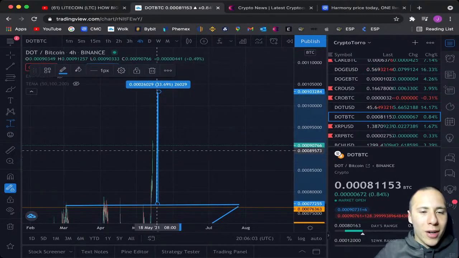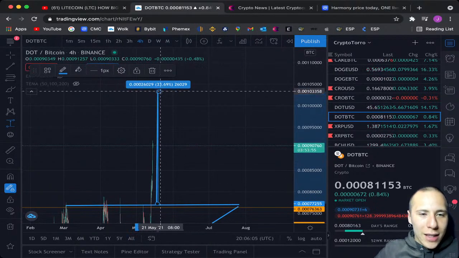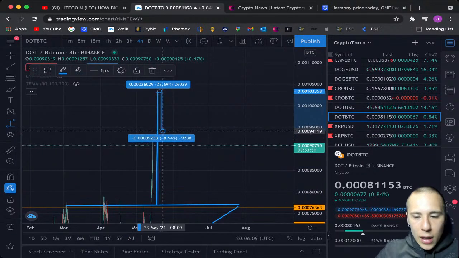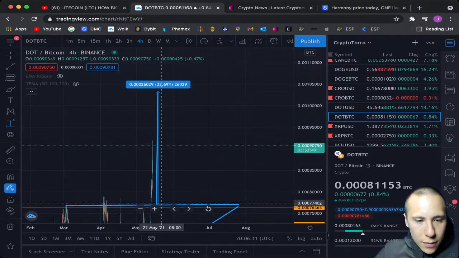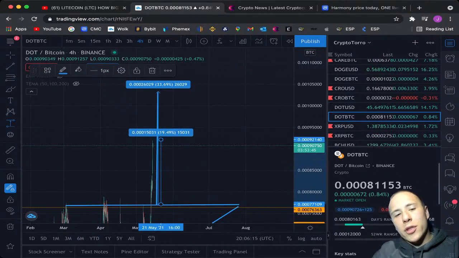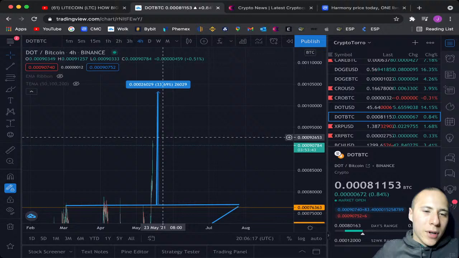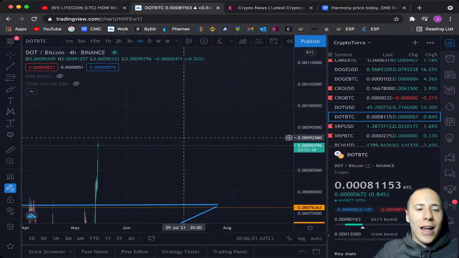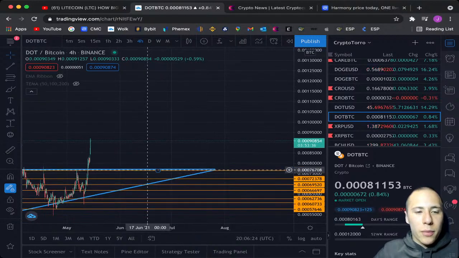And right now we are already at, let's take a quick look. Just 1 second. We are currently already at a move of almost 20% on the Polkadot chart. So that's just amazing that we are breaking this ascending triangle on the Polkadot compared to Bitcoin chart.